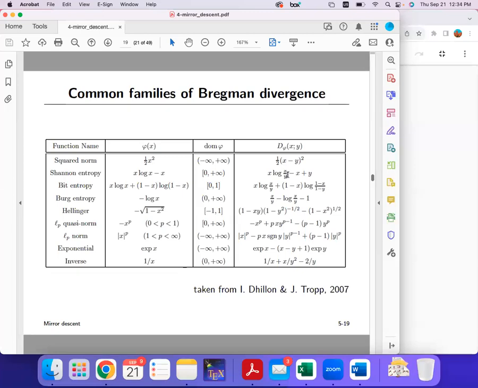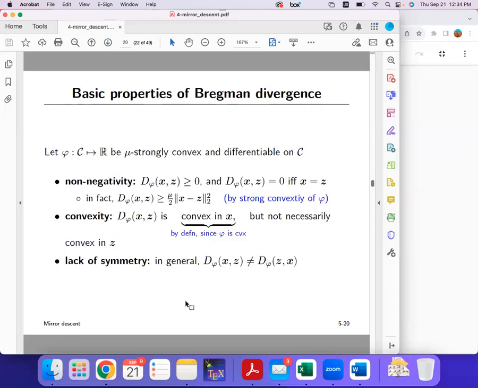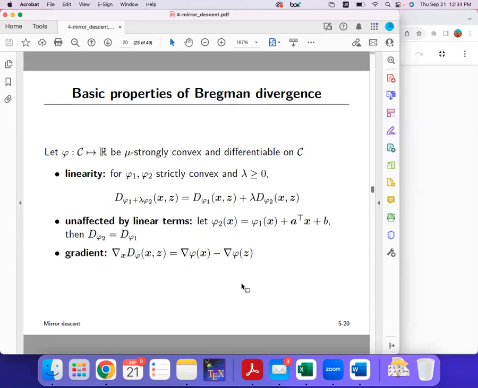If you switch x and y, it is not equivalent because of this log. But for the first example, it is symmetric, you can switch x and y. In general, this divergence may not be symmetric. So these are some properties.